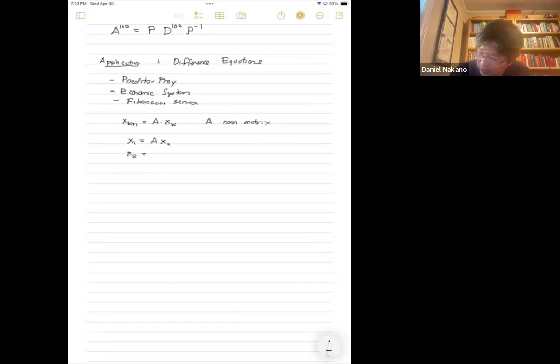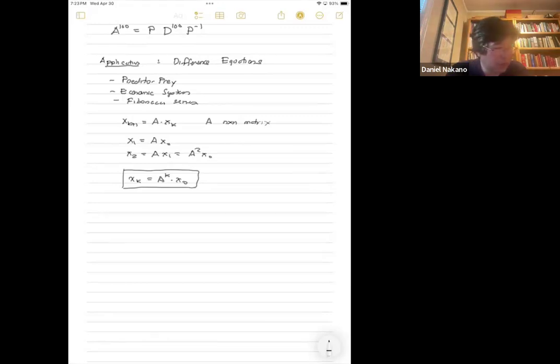X2 is A times x1, which is the same as A squared times x0. In general, x to the k is equal to A to the k times x0. So in solving a difference equation, you just have to take A to a high enough power.